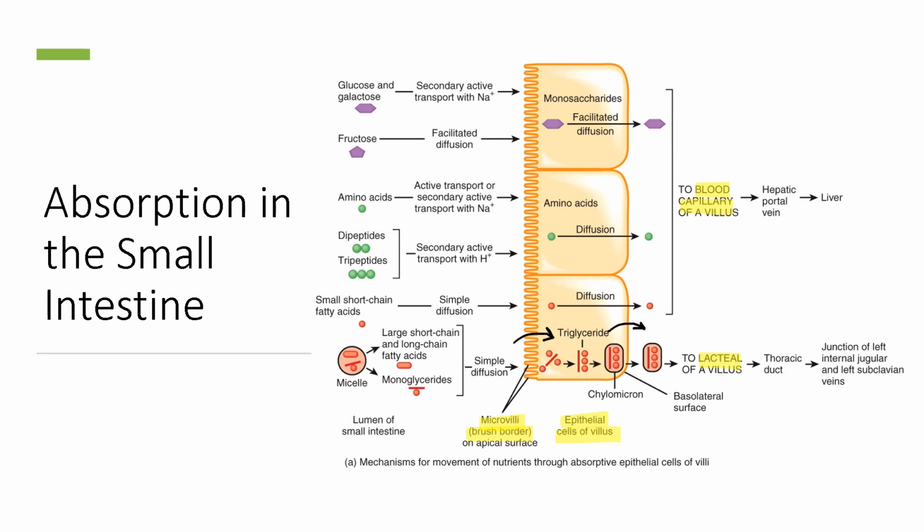So at the top here, we'll see the purple carbohydrates first. All carbohydrates are absorbed as monosaccharides. And the capacity of the small intestine to absorb monosaccharides is huge, so a ton of monosaccharides can be absorbed.